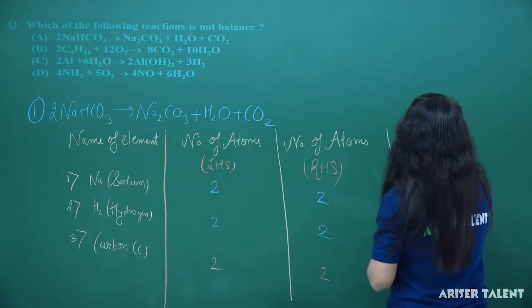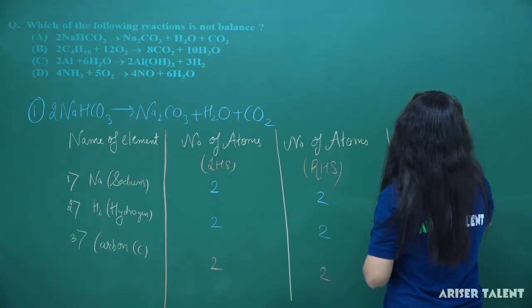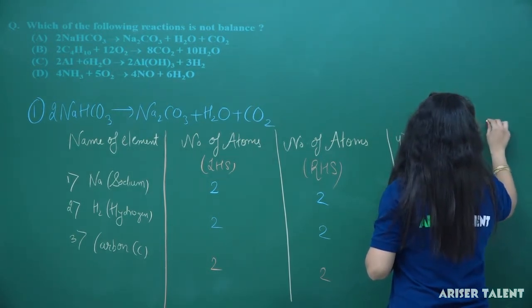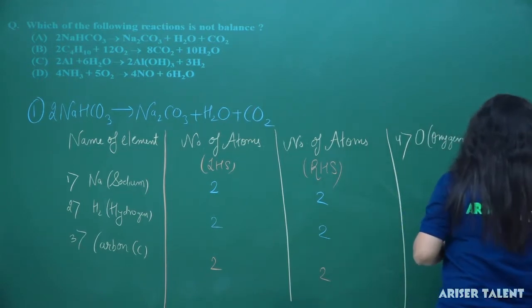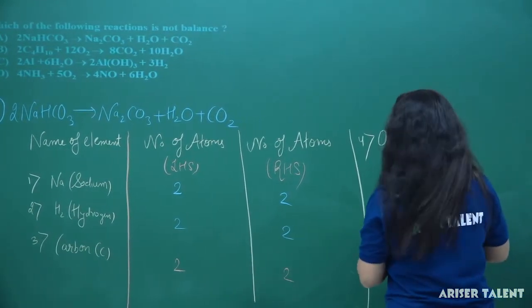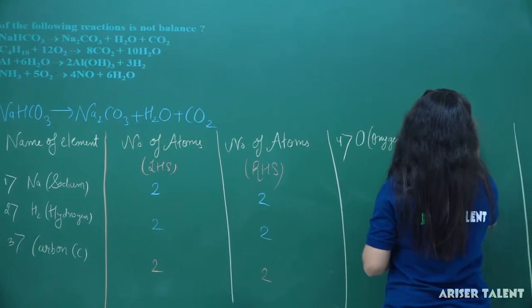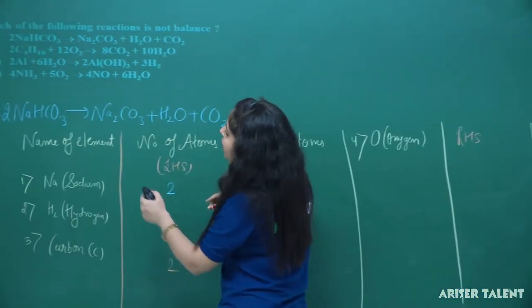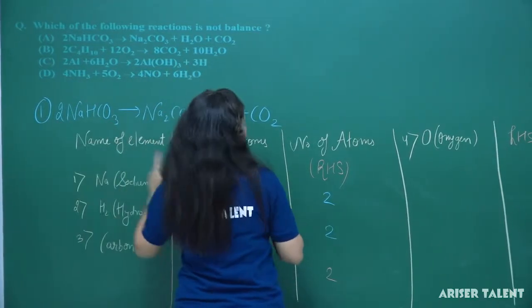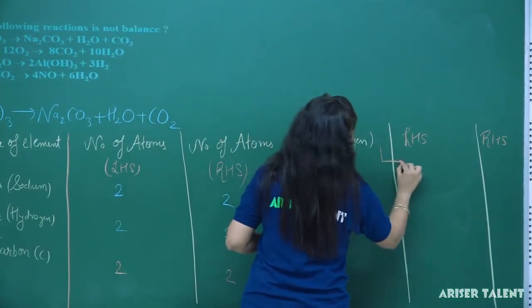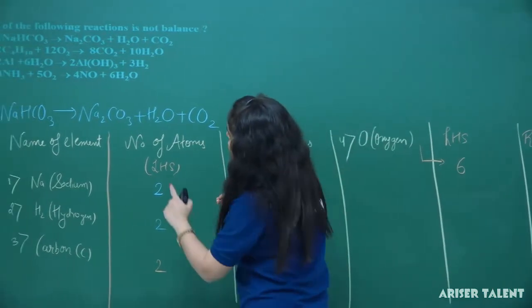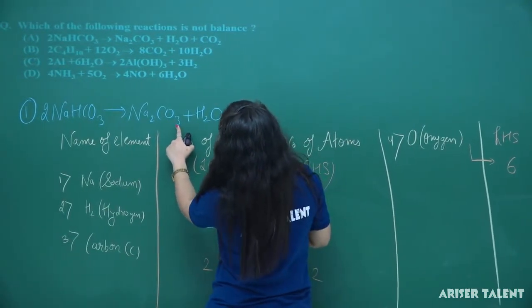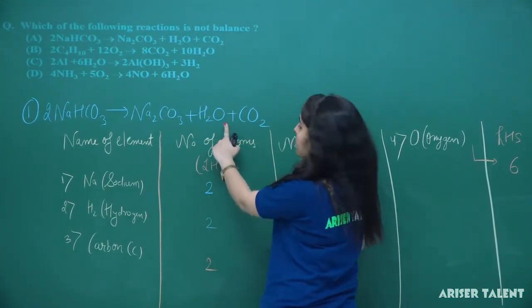So our fourth element is O, that is oxygen. In case of oxygen, what we have? In LHS, we are provided with 3 into 2, 6 oxygen atoms. Now balancing the RHS, 3 plus 1, 4 plus 2, 6.